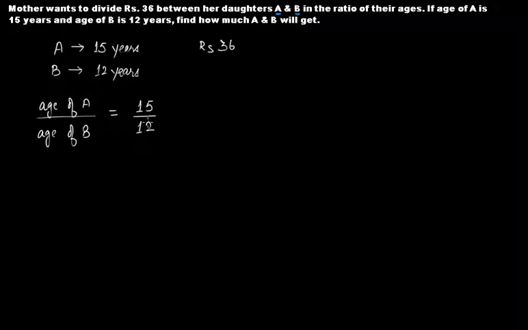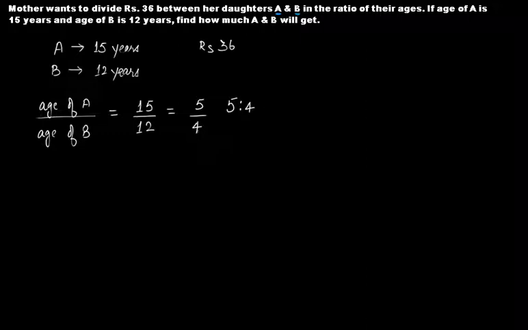To simplify it, what is the highest common factor of 15 and 12? You'll say that it is 3. If I divide 15 by 3, you will get 5, and if I divide 12 by 3, I'll get 4. Therefore, the ratio of their ages is 5:4.